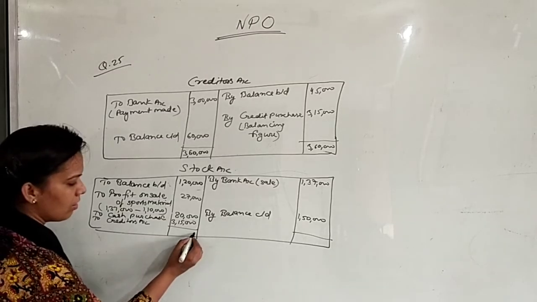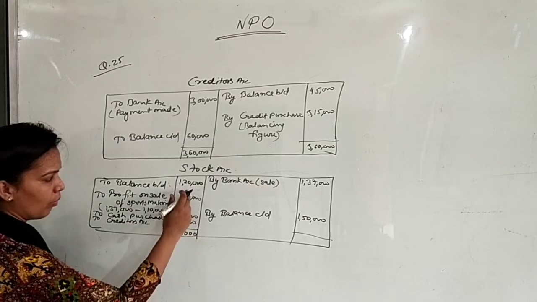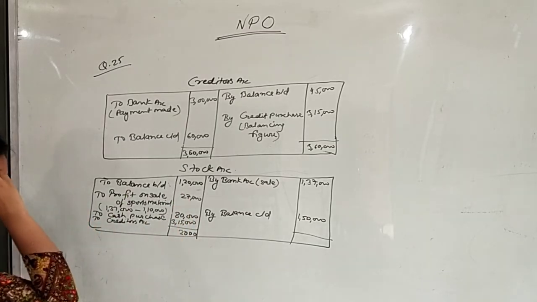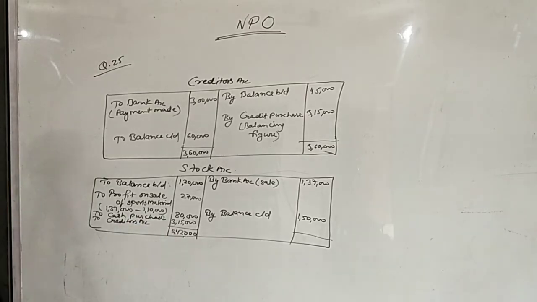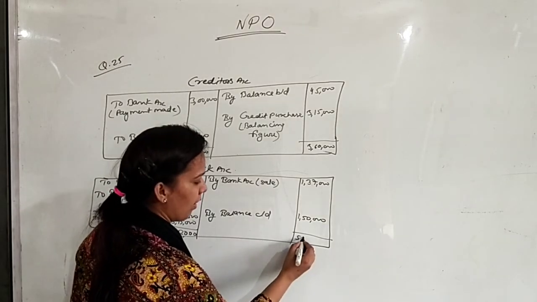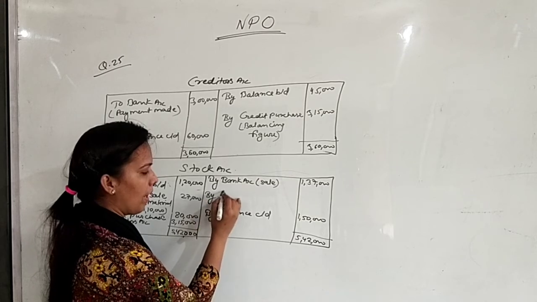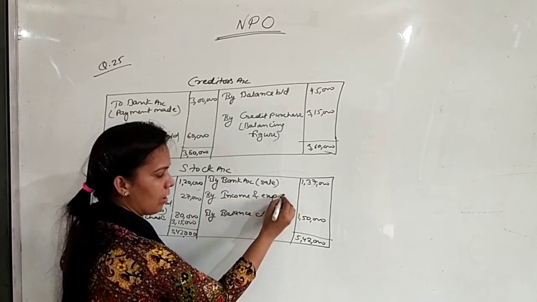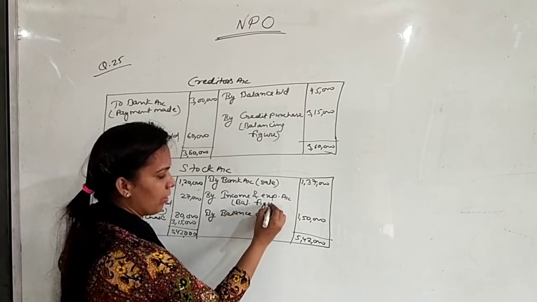The total will be 5,42,000, and the balancing figure will be by income and expenditure account, and in bracket you can write balancing figure.